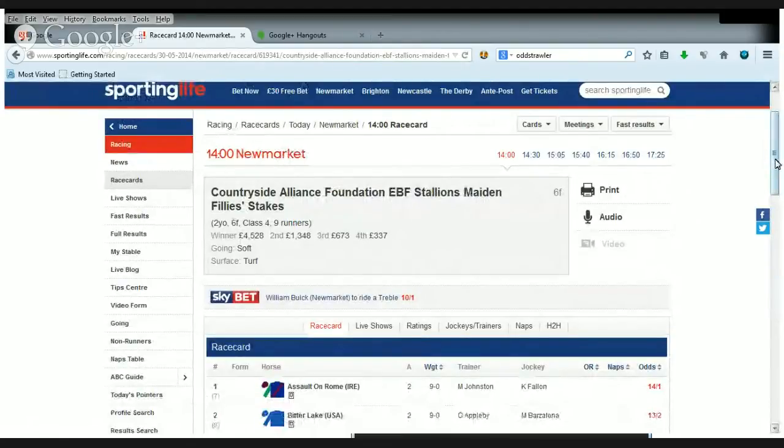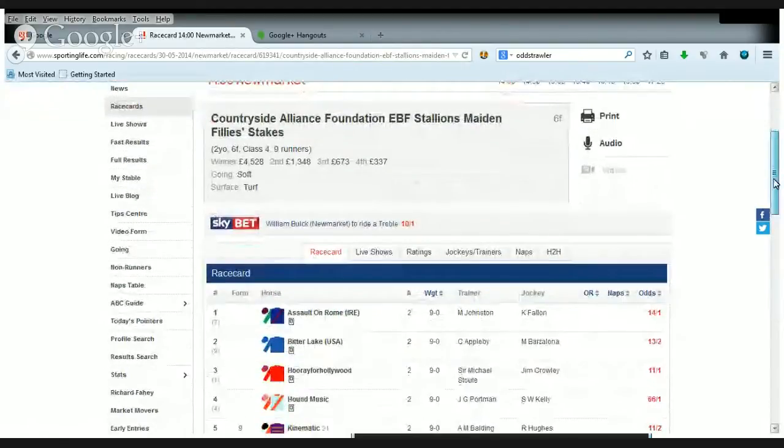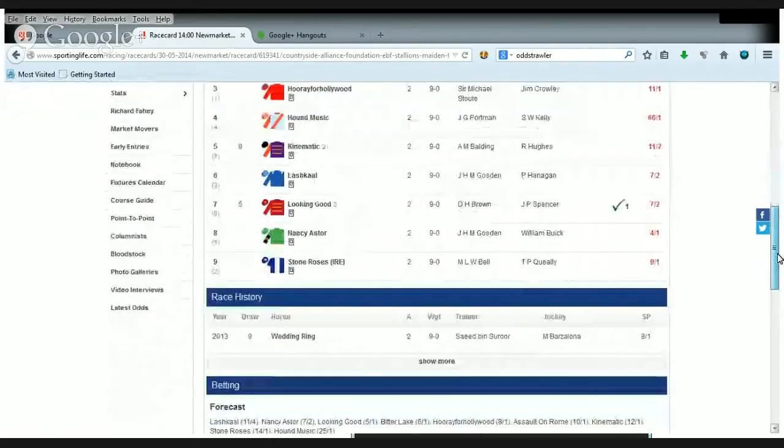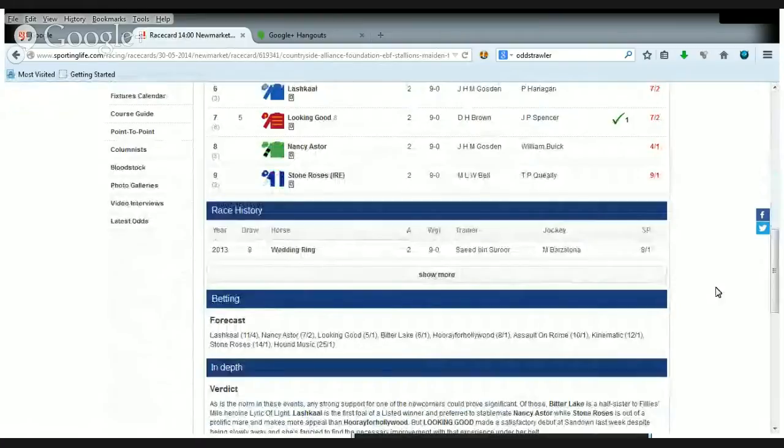What I'm talking about is the forecast, but on the paper it says Sun betting at the bottom. The forecast: Luckiest, Nancy Actor, and Looking Good, and it's a bit of the same on the paper as on here, so we're okay.